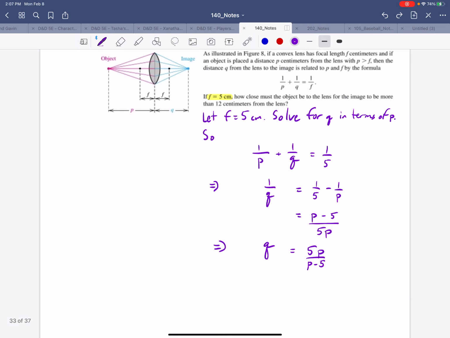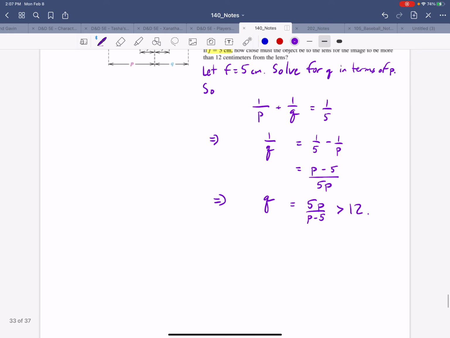So really what this says is solve for P so that Q is greater than 12. That's what we're solving for. So now, solve for P so that the inequality holds.